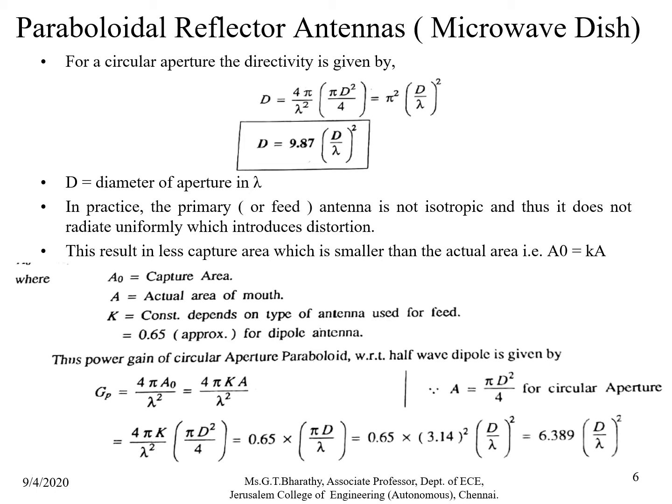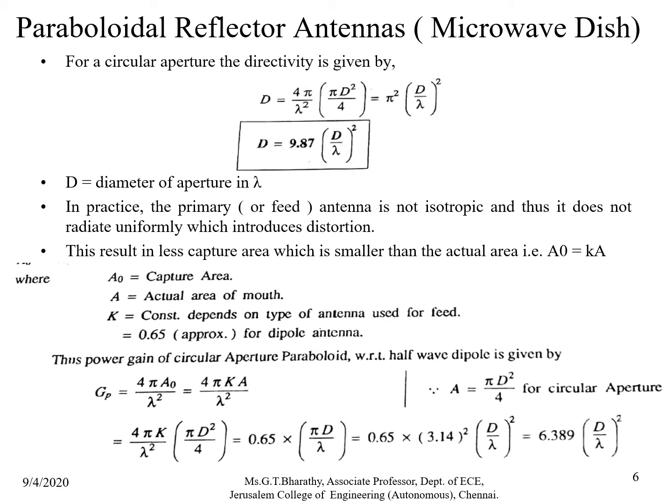In practical cases, the feed, that is the primary antenna, will not be isotropic in nature. So the radiation will not be uniform because of the non-isotropic nature of practical feed antennas. That results in less capture area.